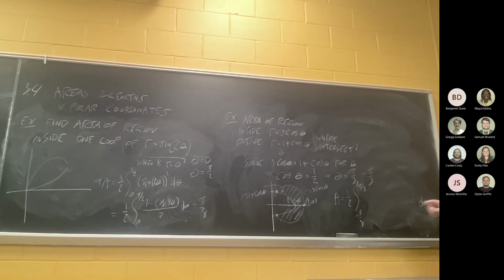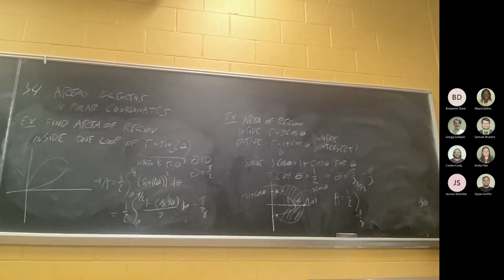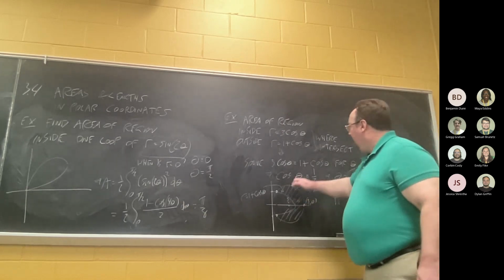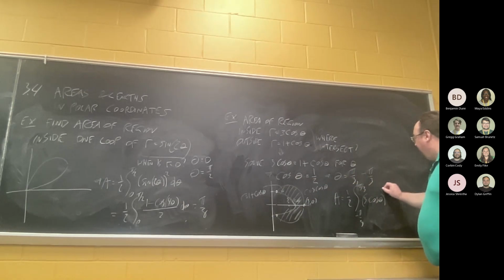Keep in mind the formula for the area of a polar curve has a square, so we have to be careful about how we square. Each one separately: 3 cosine theta, the whole thing squared, minus 1 plus cosine theta, the whole thing squared.